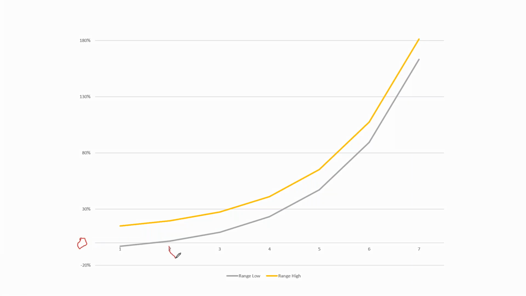But then by cycle 2, and then 3, 4, this is a scenario where range low still winds up ending with a nice profit. In fact, as you get more cycles, these could be weeks if you're using weekly options, they can be months if you're using monthly options.